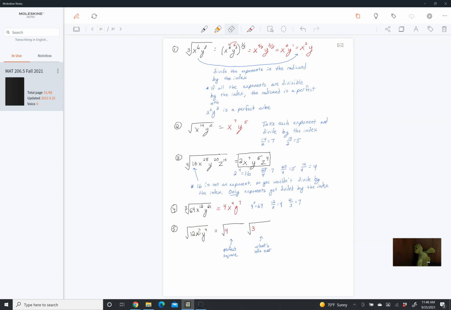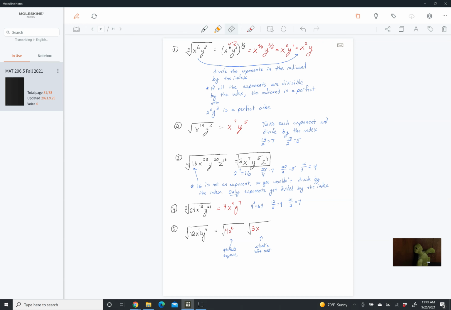So you're going to start here, and you're going to say, okay, well, 7 divisible by 2. It's not. So then go down by one number. 6. Is 6 divisible by 2? It is. So x to the 6th is going to go under here. What's left over? Well, we took away 1x, so x to the 1st is left over.